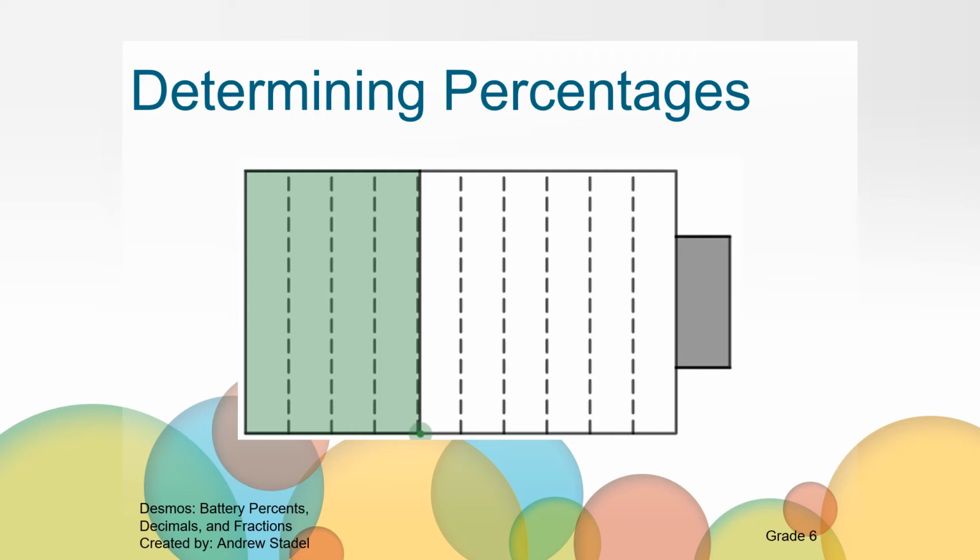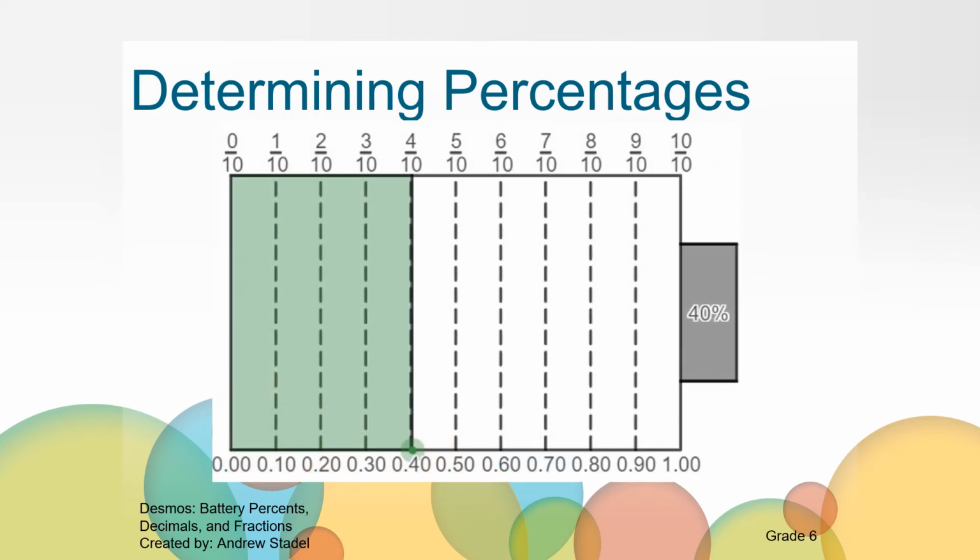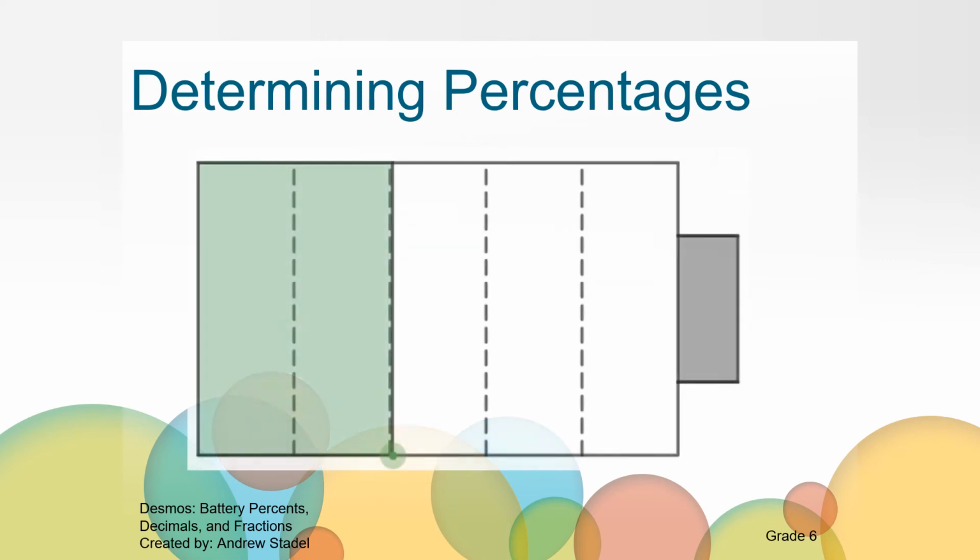You might have thought about this battery as being split into 10 equal parts. Each part is 1/10 or 10% of the total battery life. So 4 parts or 4/10 of the battery could be named as 40%. I could also split this whole into 5 equal parts.